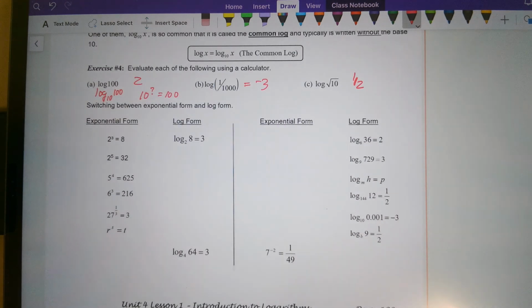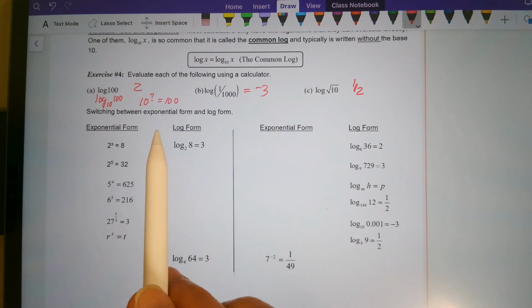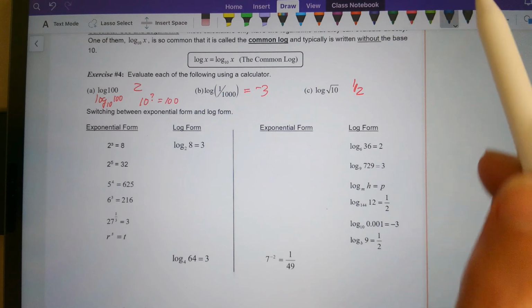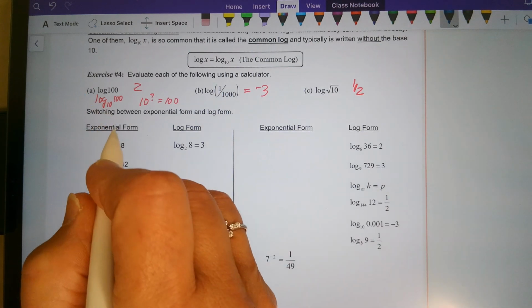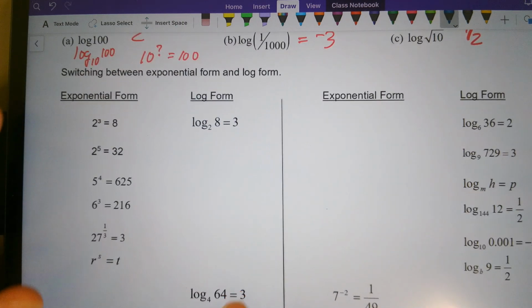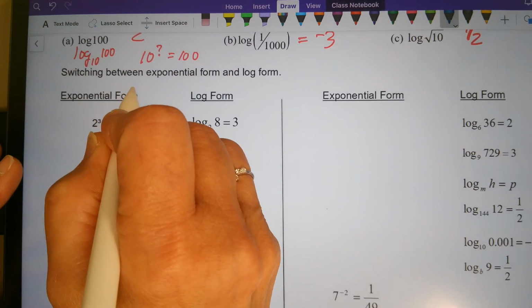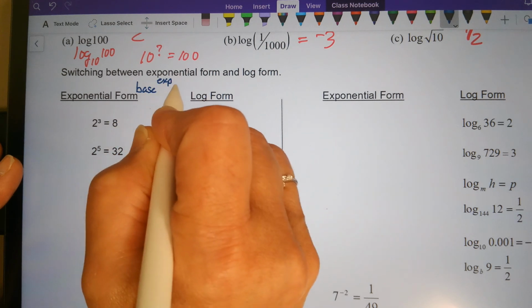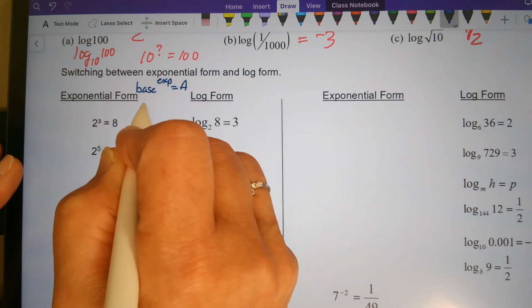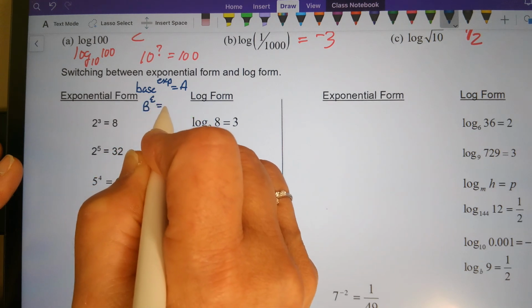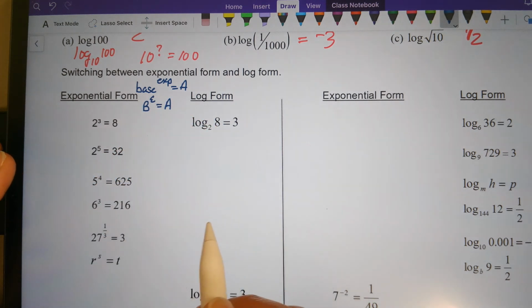Now on this last section, we want to switch between exponential form and log form. In exponential form, we have our base to the exponent equals our answer. So I'm going to say capital B to exponent equals answer.